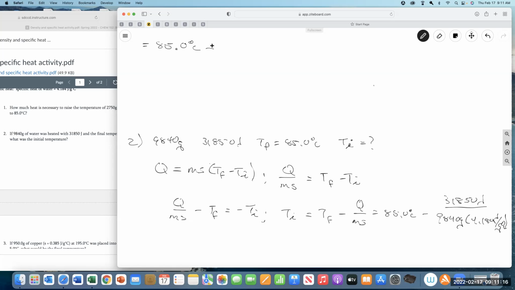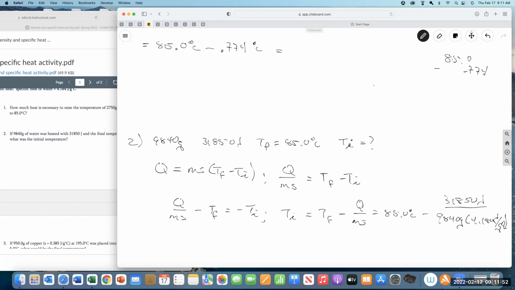I get 0.774, and that's going to be, if you look at the unit, degrees C. So when I do this subtraction, let's do it over here, 85.0 minus 0.774. I'm going to make sure I didn't push a button wrong, just real quick. Divided by 9840.